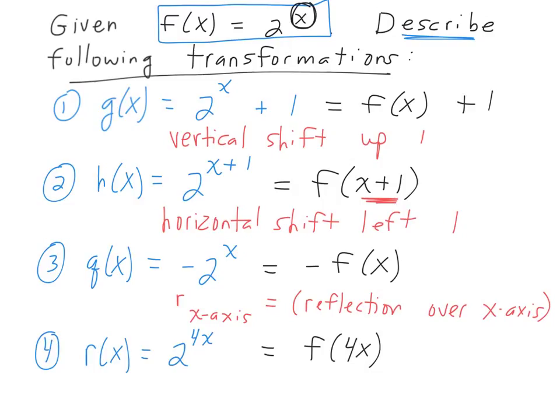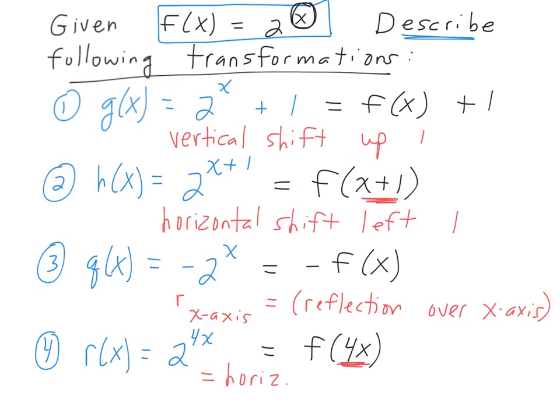And our last one here, suppose we have r of x, and this is equal to 2 raised to the 4x. So notice we had 2 to the x, now it's become 2 to the 4x. That means we put a 4x into the function. So we have f of 4x. In this situation, we have something going on to the x value, so that is a horizontal either stretch or shrink.